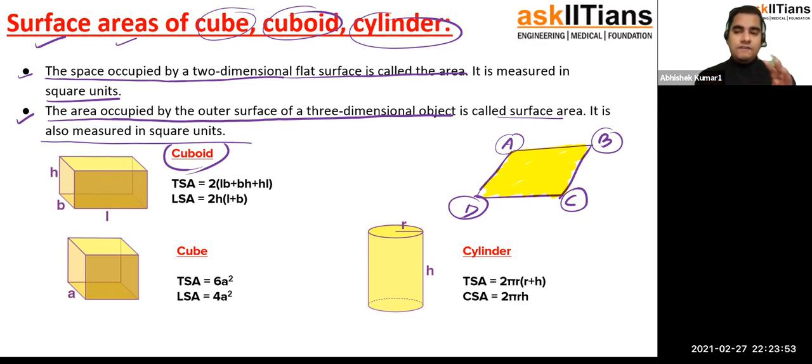This cuboid has one face here, a second face, a third face, a fourth face, one at the back and one at the front. These 6 faces are 2-dimensional faces and they have some area, isn't it?